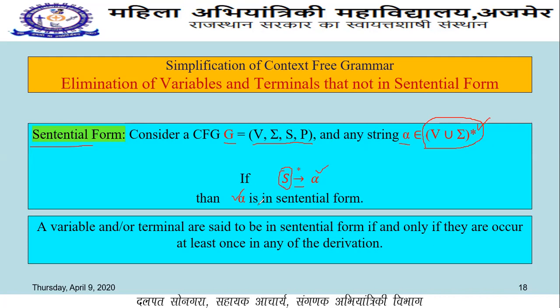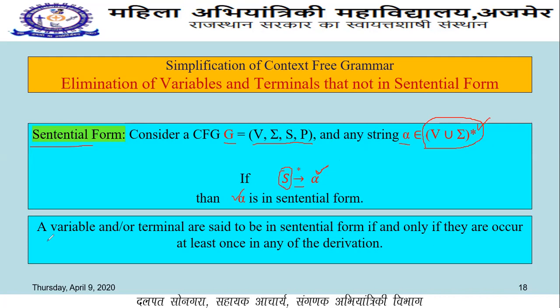form. And in the steps from the initial variable or starting variable to this alpha string, if any variables and terminals occur during the derivation, then those variables and terminals are also known as being in a sentential form.